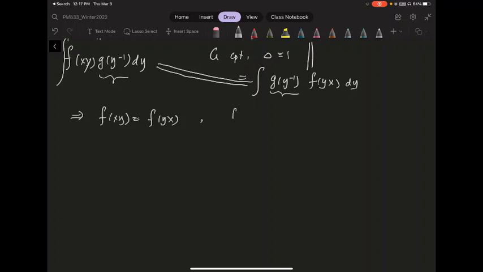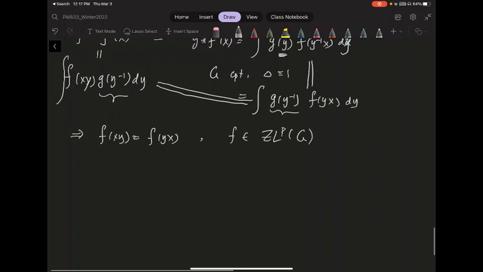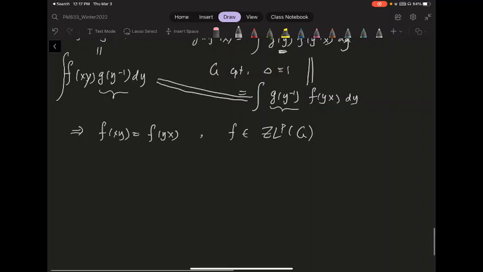In other words, f is inside ZLP of G. The other direction is kind of trivial: if you have something inside ZLP of G, you basically do the same thing and show it's also in the center. So this explains where the central functions come from. They're essentially the center of these LP spaces as a Banach algebra.